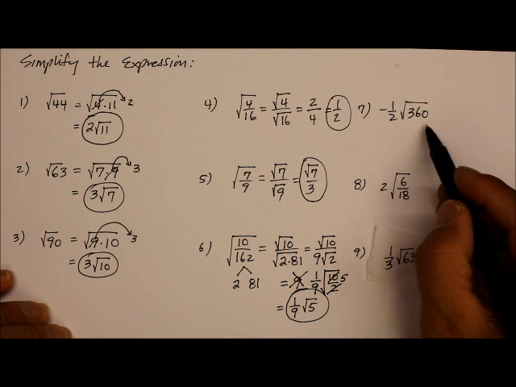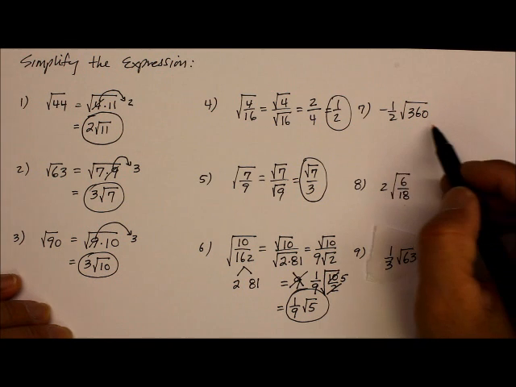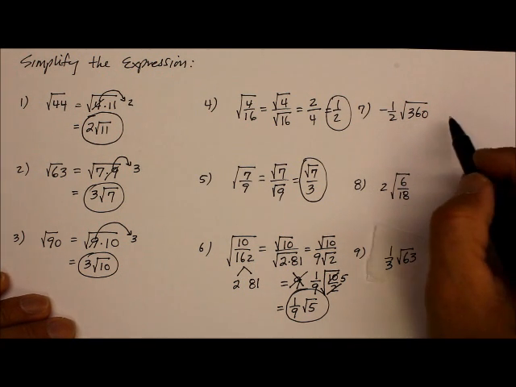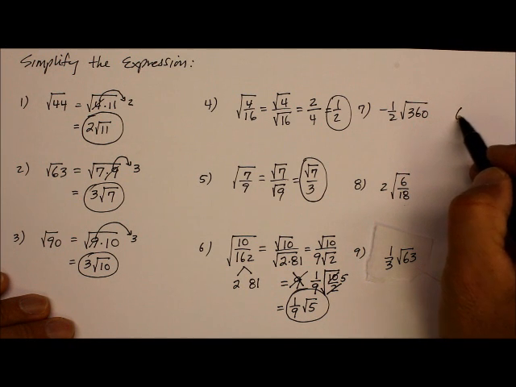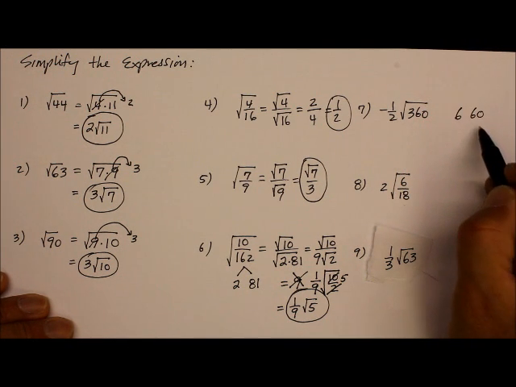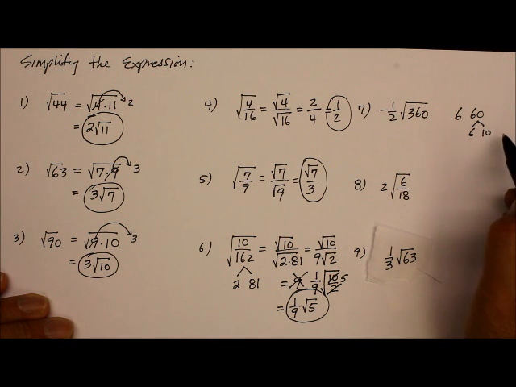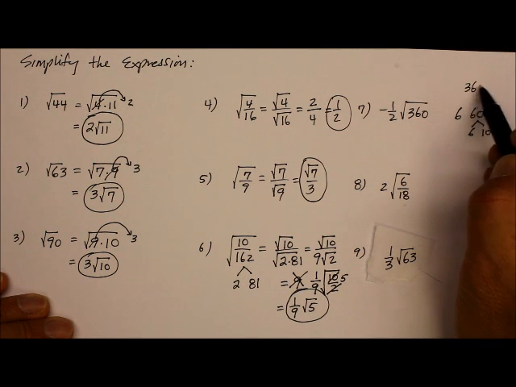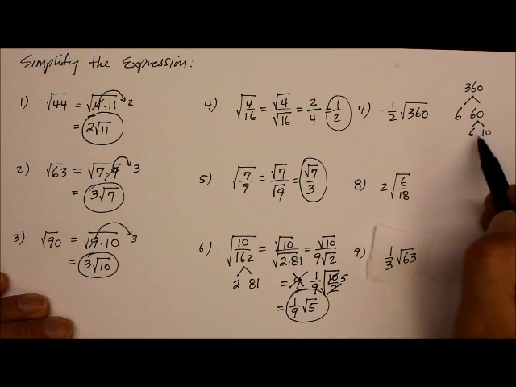Finally, how about over here? Now, 360. Isn't that like saying 6 times 60? And 60 is like saying 6 times 10. What I'm doing is taking the 360 and doing the prime factorization.